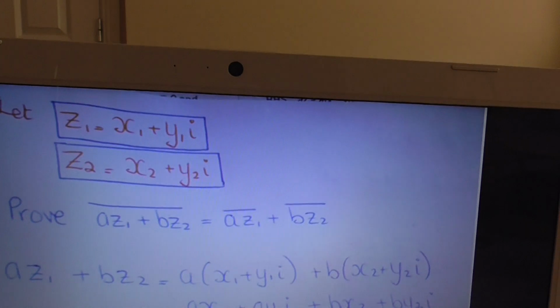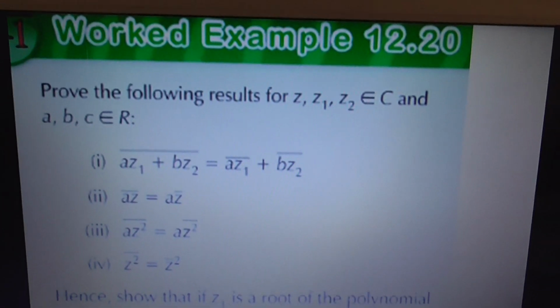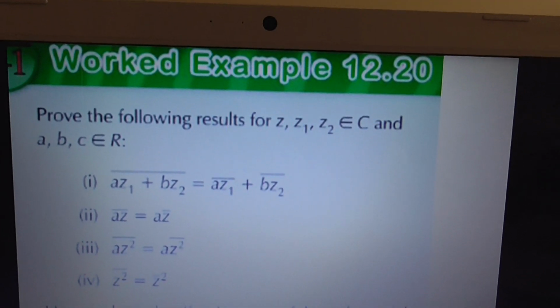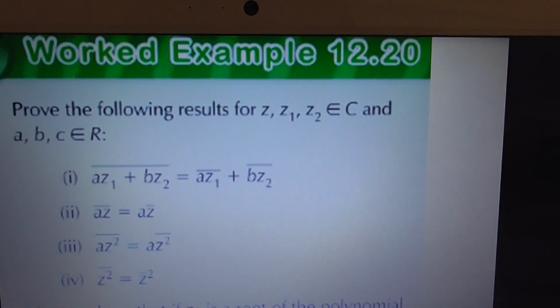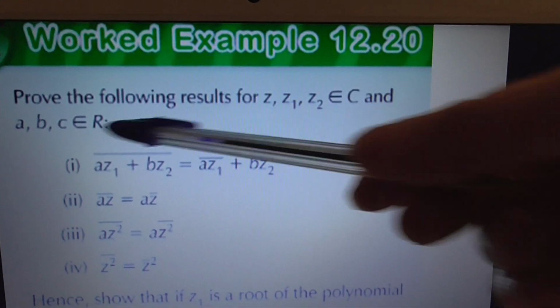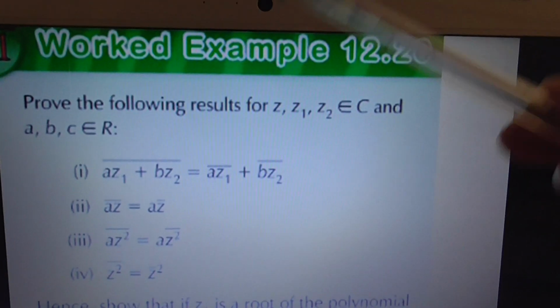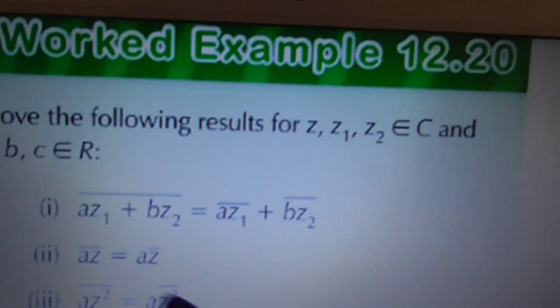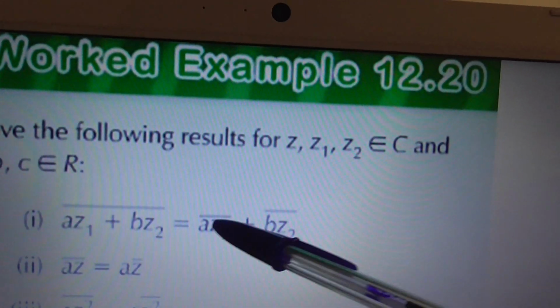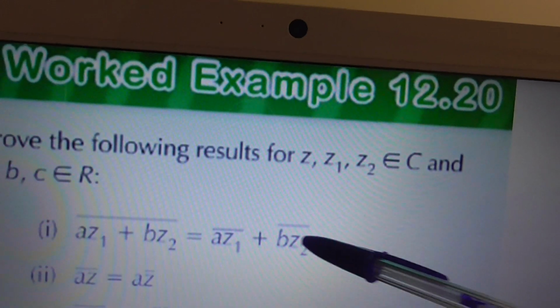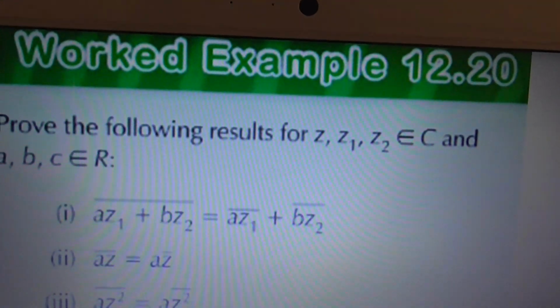Okay, the next example we're going to go through is to prove the results for z1, z2. z1 and z2 are elements of complex numbers, and a, b, and c are all real numbers. I want to prove the following: that az1 plus bz2 conjugate is equal to az1 conjugate plus bz2 conjugate. So that's the first part I want to prove.